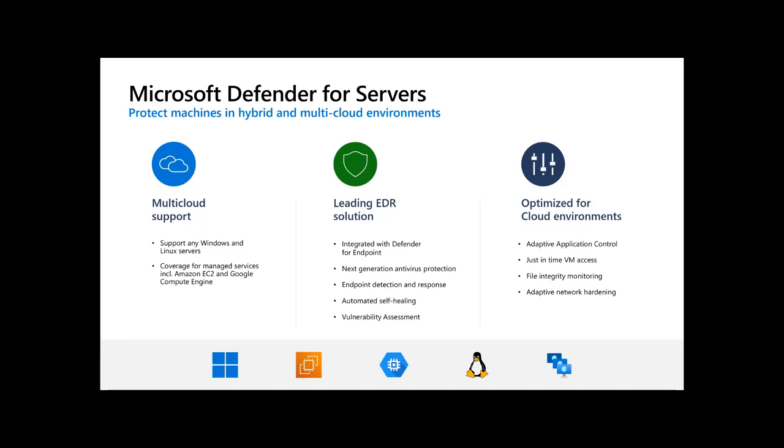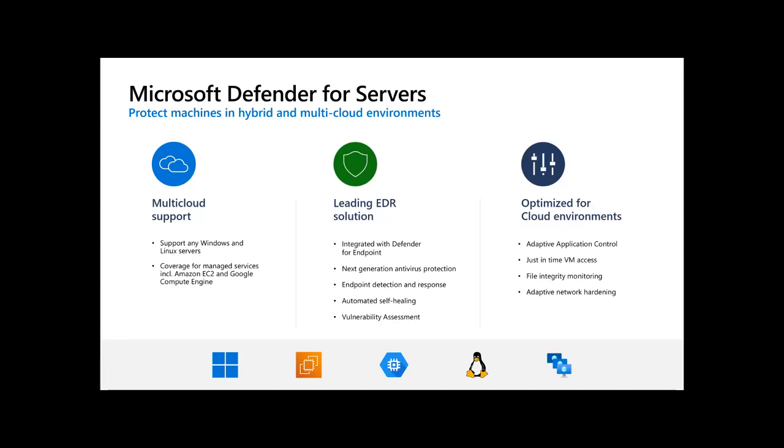At the same time, while talking about just-in-time VM access, which is one capability, we also know that when it comes to security, we really need to always be thinking and applying a defense in depth mindset, which is why we need to layer in a meaningful way several security capabilities on top of each other to provide more security and to prevent the likelihood of potential cyber adversaries and bad actors finding success with their attacks.